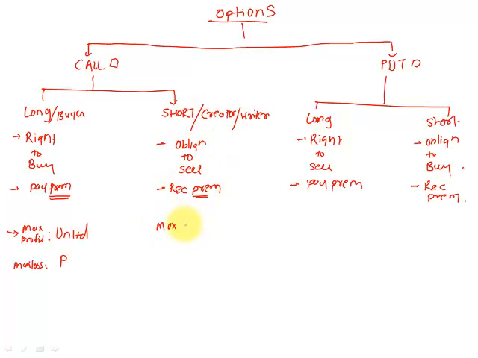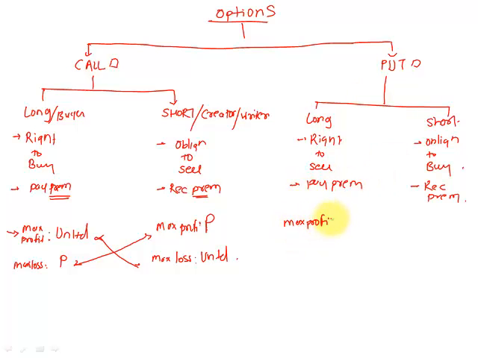What is the maximum profit in case of short position? Premium. You're writing a short position only to earn that premium, and the maximum loss here could be unlimited. So again we can see that the loss of this person is the profit of the other party. Again, same on the put side.